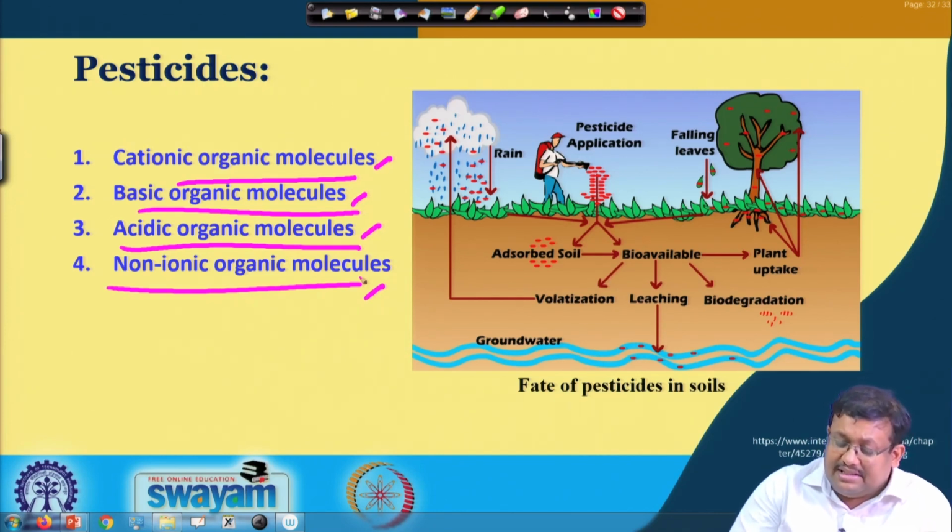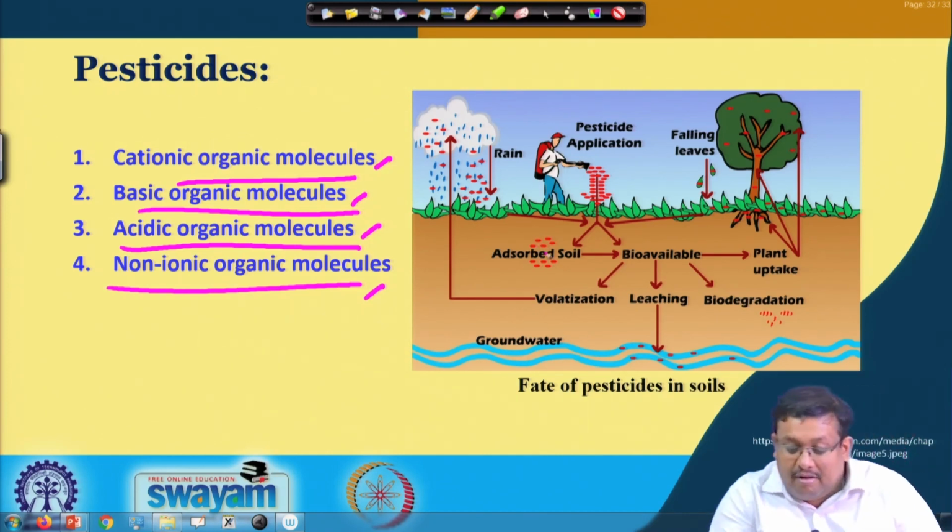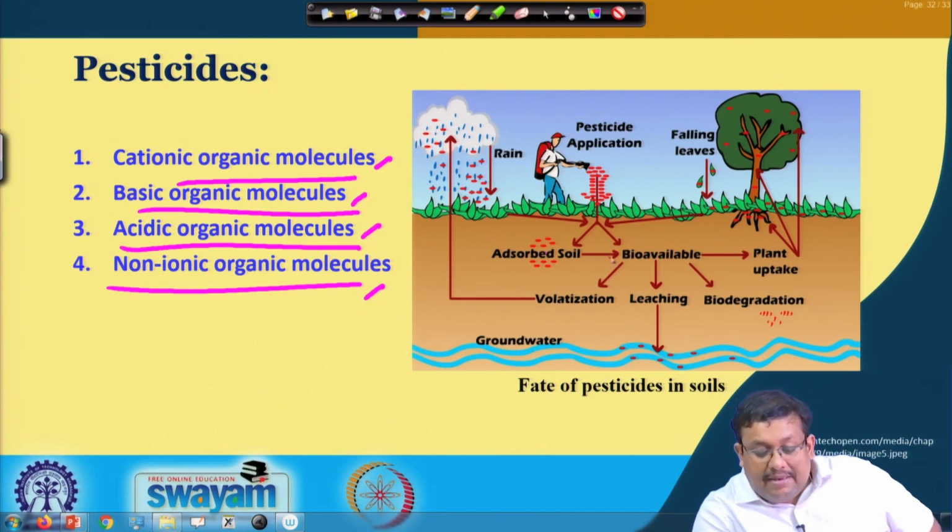When we apply the pesticide into the soil, some amount of pesticide gets adsorbed into the soil due to the presence of different clay minerals as well as organic matter, and from there it becomes bioavailable to different organisms. Also from the direct pesticide application some amount may become bioavailable.